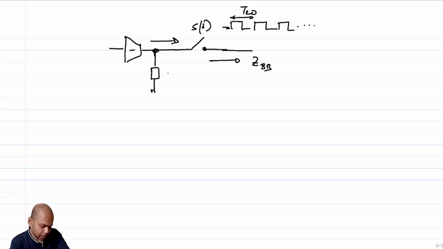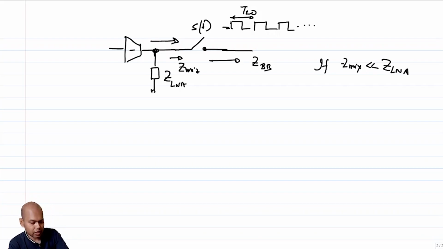Assuming the impedance looking in here is Z_mix, and this is Z_LNA. So if Z_mix is much less than Z_LNA, and the switch S(t) is on, assuming it's an ideal switch with 0 on resistance, then naturally all the I_LNA current will tend to flow through the switch on the other side. So this is I_mix.